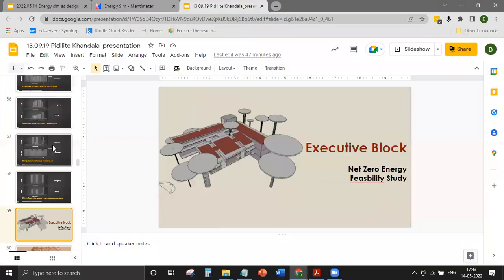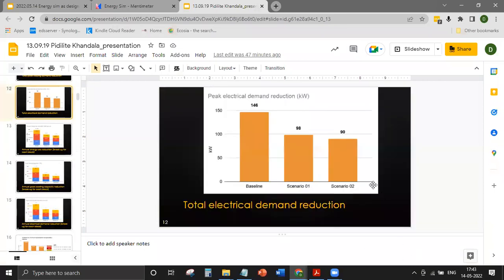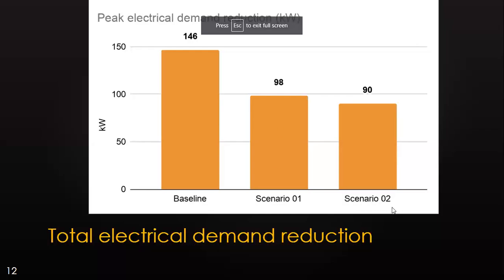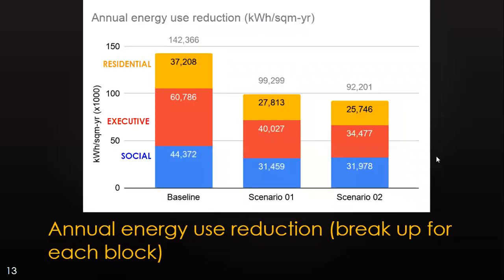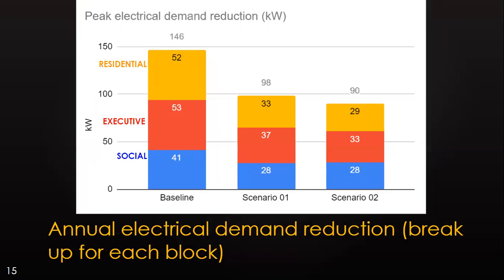And then after we did all this, we arrived at what looks like this here. This is for the entire project. Baseline, so this is the electrical demand reduction, annual energy use reduction. So this is a breakup of every block, peak cooling reduction.